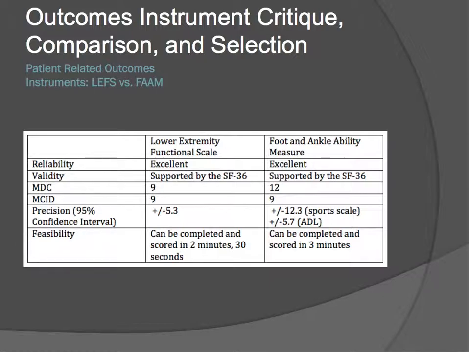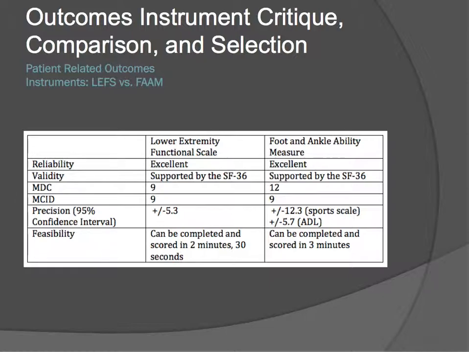For precision, the lower extremity functional scale has a margin of error of plus or minus 5.3 points. The foot and ankle ability measure actually has two subscales, one particular to athletes, which has a margin of error of plus or minus 12.3 points, and one for activities of daily living, which has a margin of error of plus or minus 5.7 points.